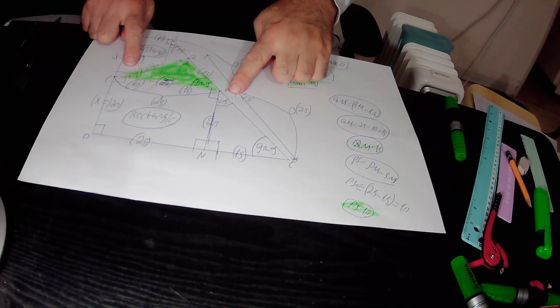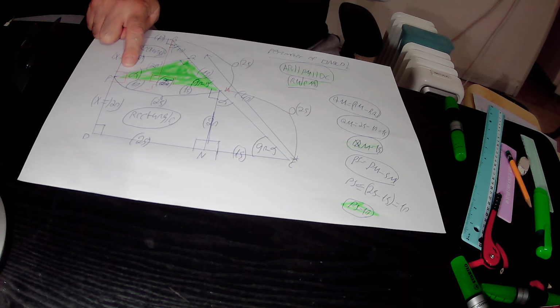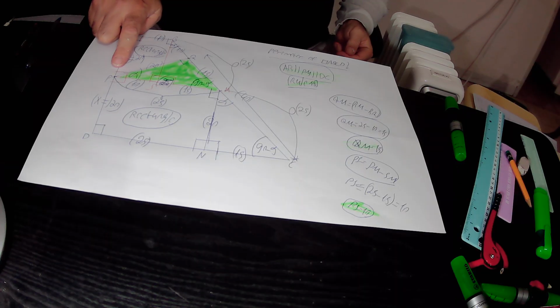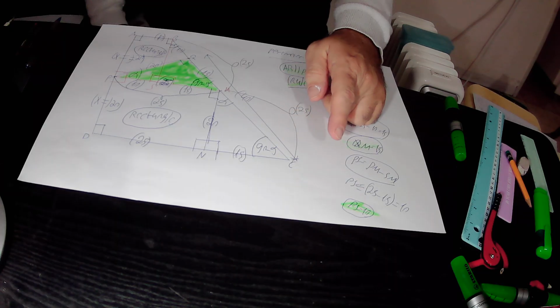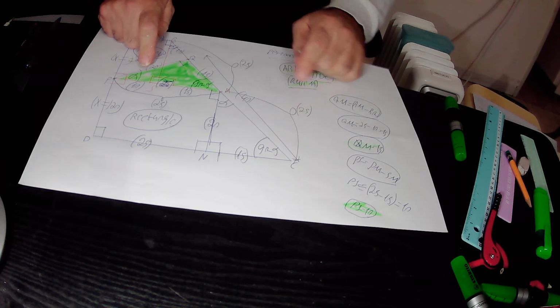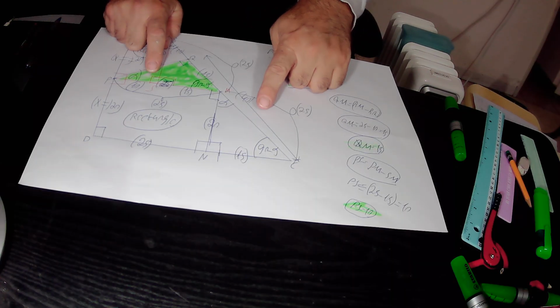First of all, those two angles are both equal to alpha and therefore they are equal to each other. In addition, the hypotenuse PM equals the hypotenuse MC. They are both equal to 25 and therefore they are equal to each other.